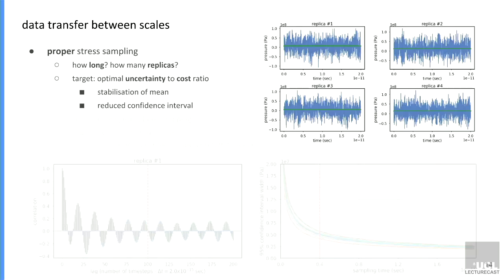One of the major problems of the scale bridging procedure is homogenizing, transferring the stresses from the atomistic simulation to the macroscopic model.